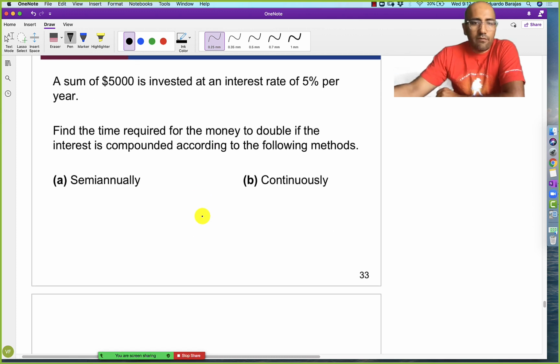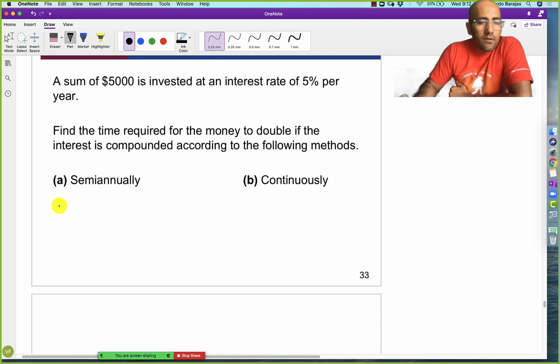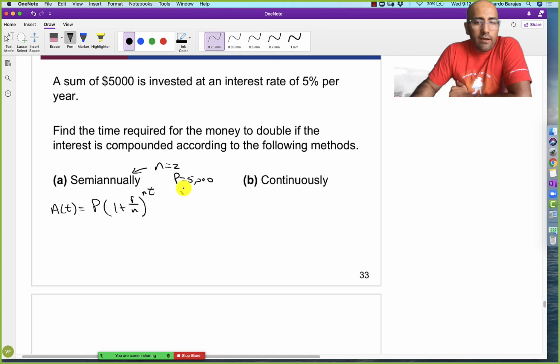Okay, so let's look at our formula for this one. The balance in my account is going to be the principal times 1 plus r divided by n, to the power of nt. And for semi-annually, that means that n equals 2. And we know that p equals 5,000, and we know that r equals 0.05.